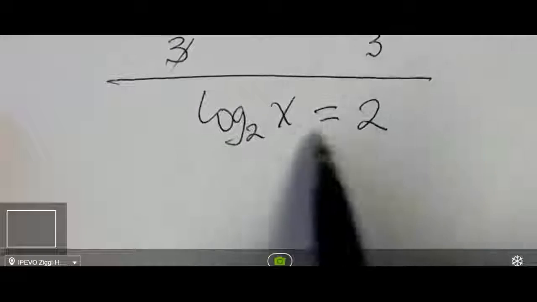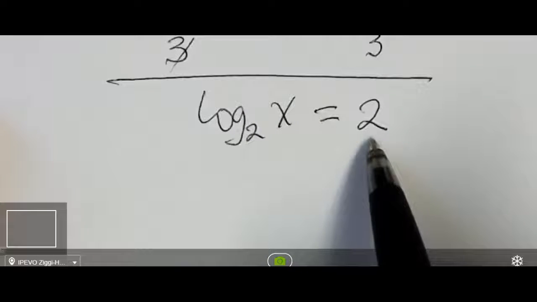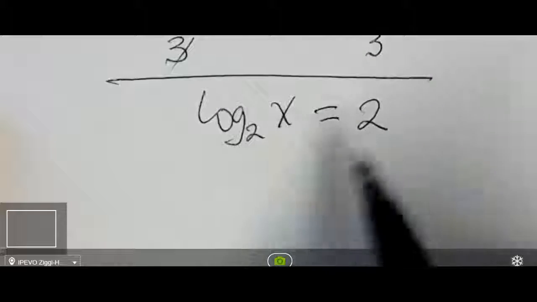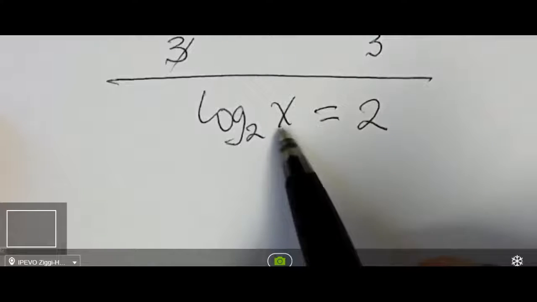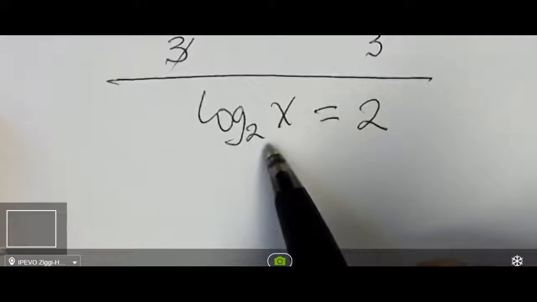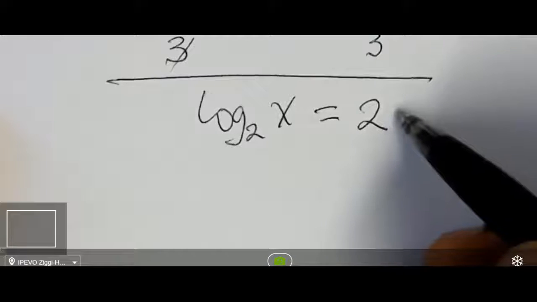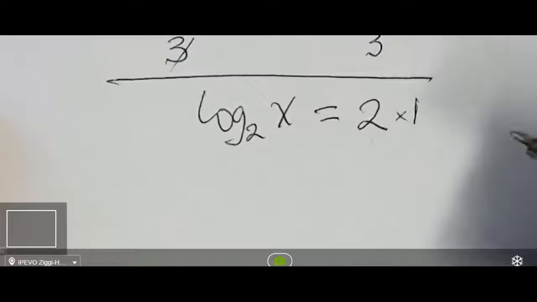Now there's nothing else we can simplify. This is the log and the number on the other side. So how do we solve for x? There's no log on this side and there's no exponent, so we can write this in exponential form. We remember the identity of multiplication: if we multiply this by 1, 2 times 1 is still 2.